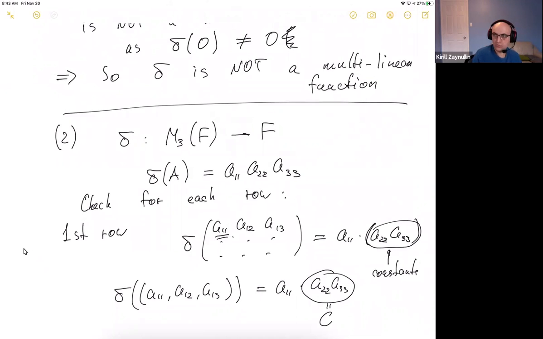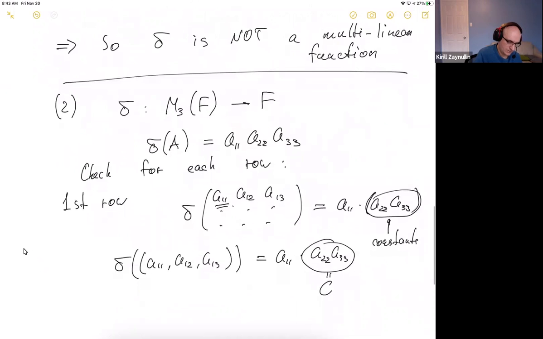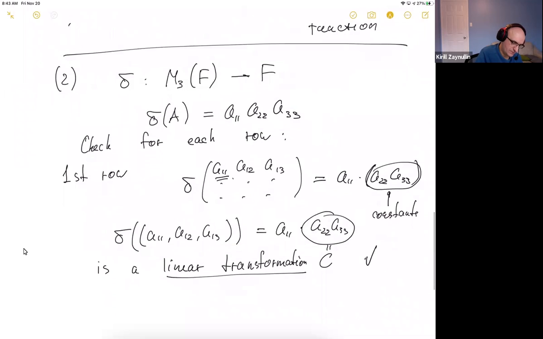And of course, we all know that this is an example of a linear transformation. If you take a vector and the multiple of the first coordinate, yes, this will be a linear transformation. It's pretty easy to see. So it's fine for the first row.